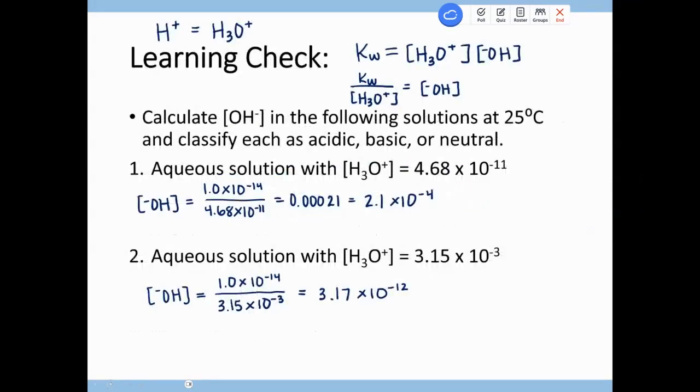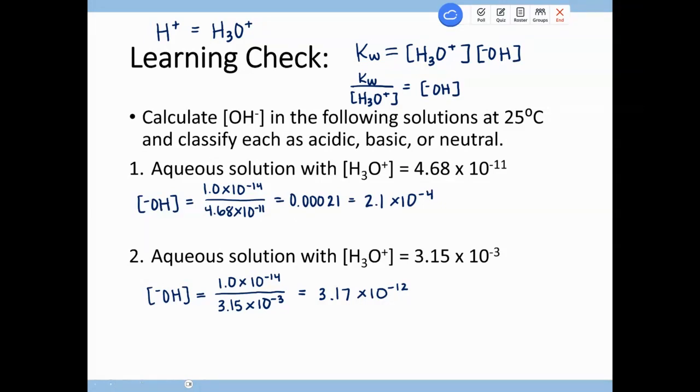So the first solution here, H3O plus concentration is 4.68 times 10 to the negative 11. OH minus concentration is 2.1 times 10 to the negative 4. So the OH minus concentration is higher than the H3O plus concentration. OH minus, basic.